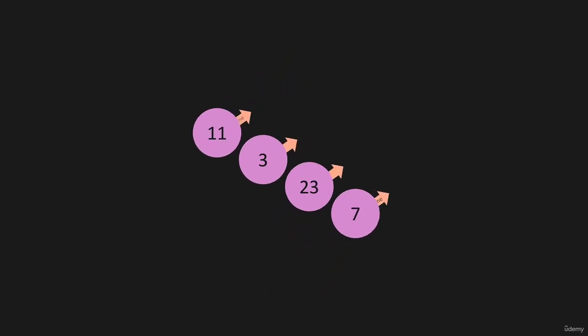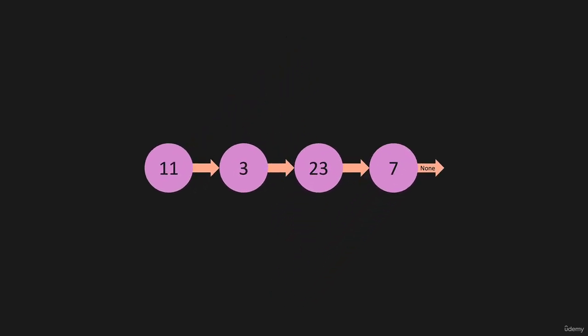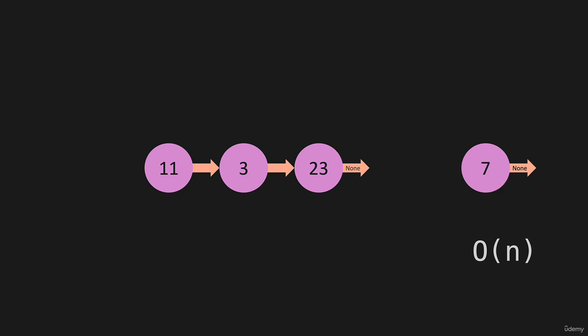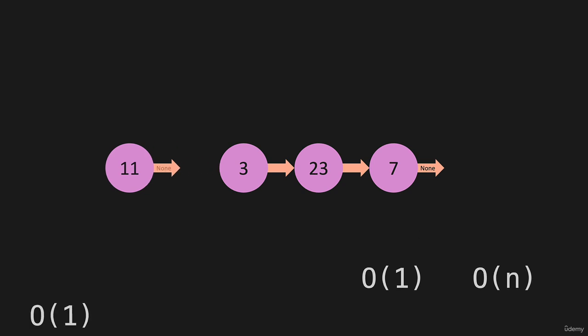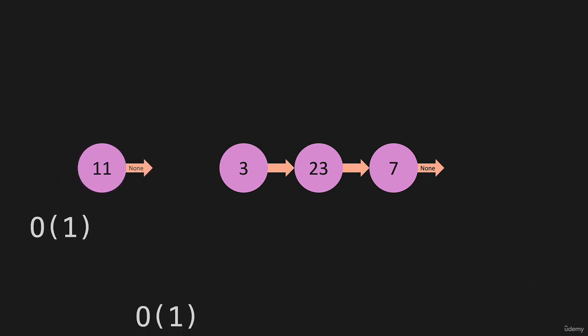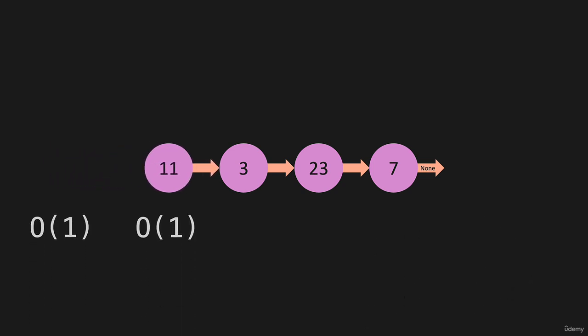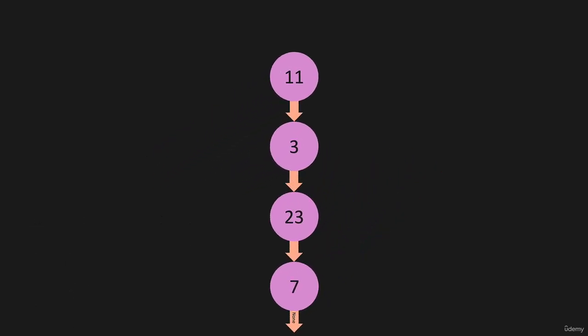And let's have a look at why. When you remove an item from the end of a linked list here, it is O of N. Adding it is O of 1, versus the other end where removing and adding are both O of 1. So that is why your stack should go this way and not the other way.